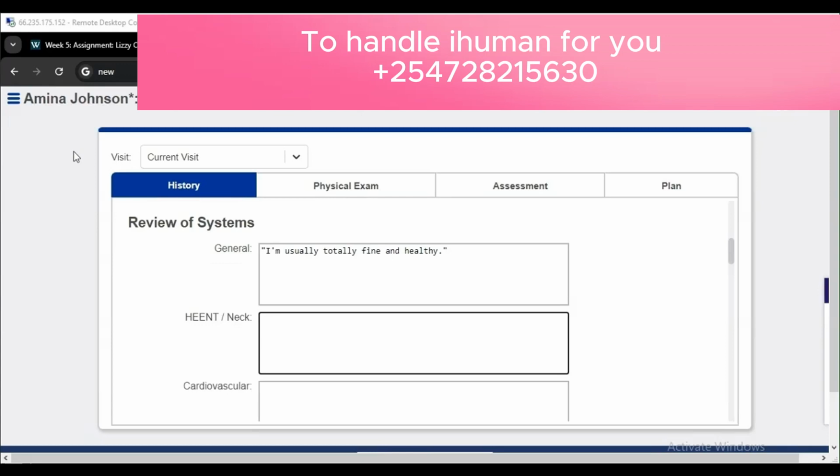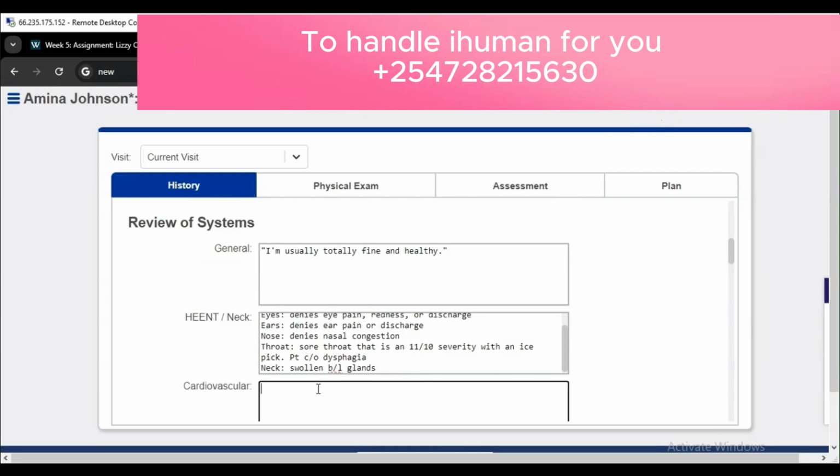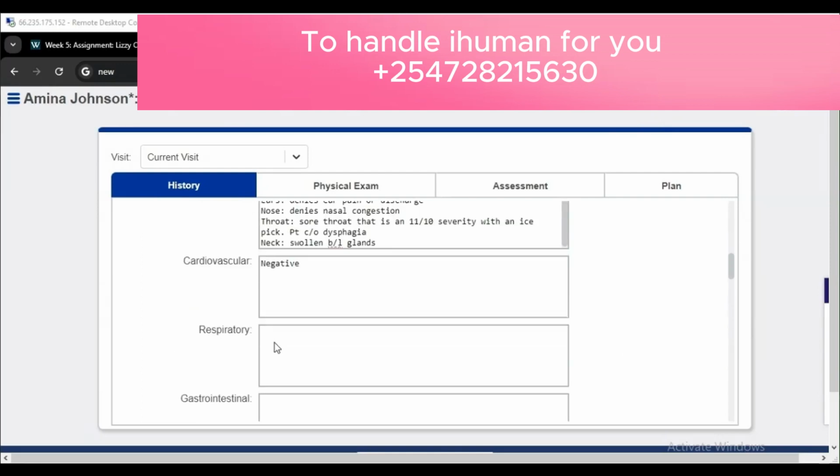After that, you have to assess the patient's HEENT, or "hint" as other people say it, and this relates to body systems from the head area, from neck to head, which include the eyes, the throat, the neck, the head, the ears.